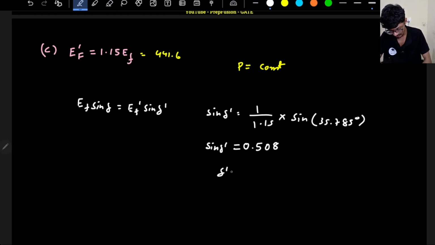From here I can easily find my delta dash. Please remember delta dash will be something negative.